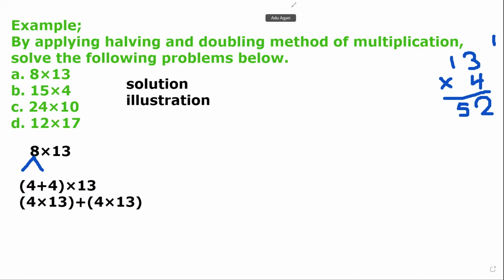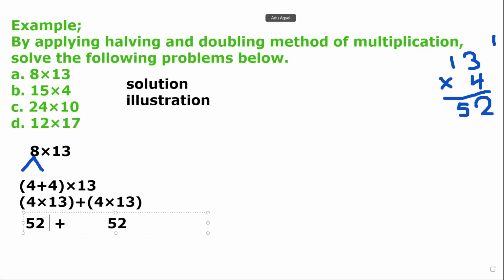Okay. So with this, we have 52 here. And I hope the other side too will be 52. Okay. Plus here too will be 52. The same.